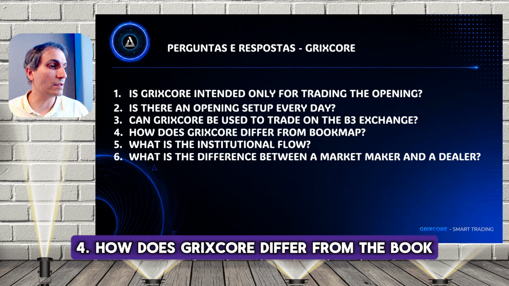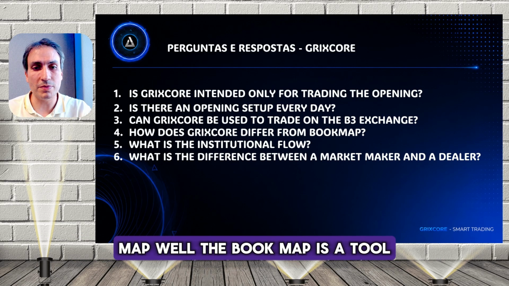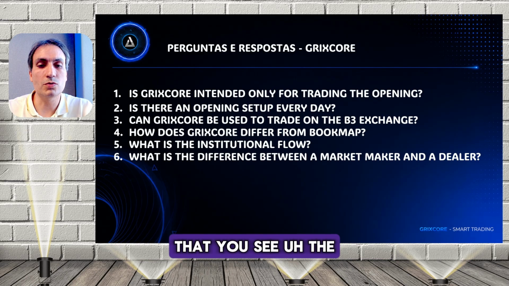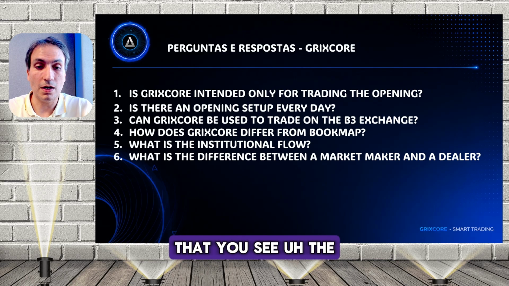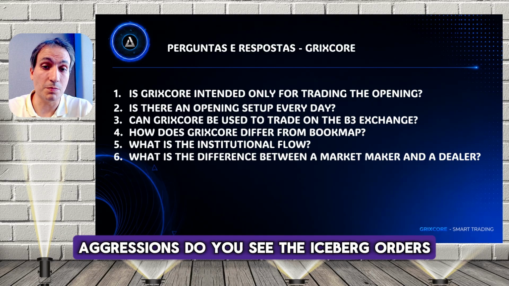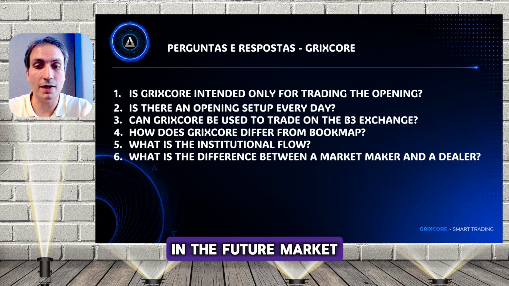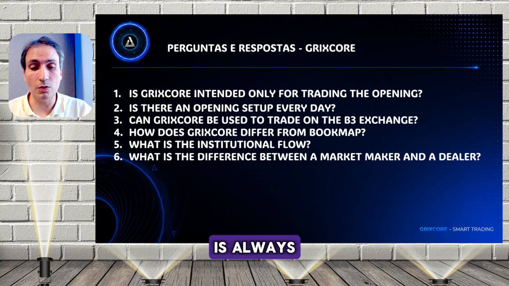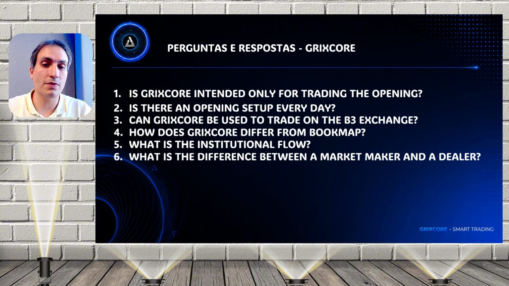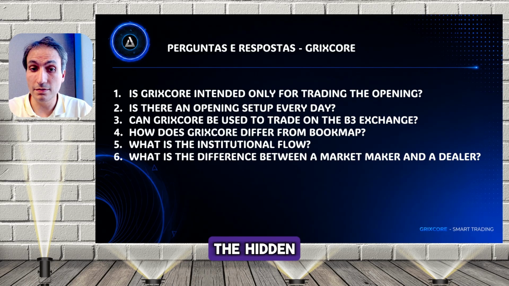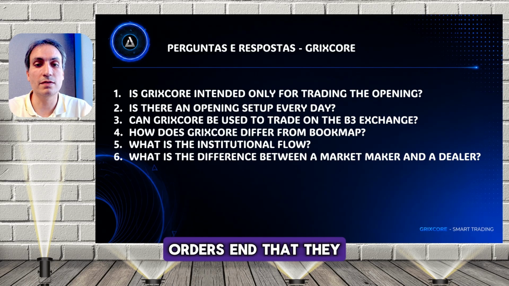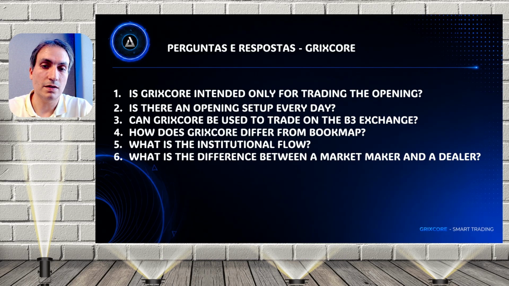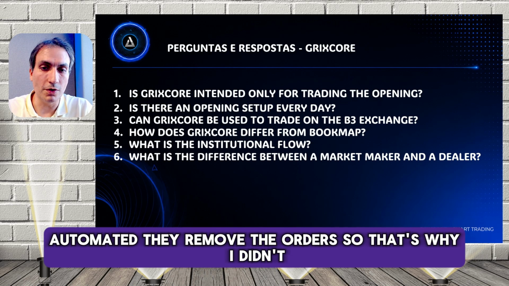How does GrixCore differ from Bookmap? Well, Bookmap is a tool where you see the aggressions, you see the iceberg orders in the futures market. The thing is that Bookmap is always suffering with the hidden orders, and they are automated, they remove the orders.